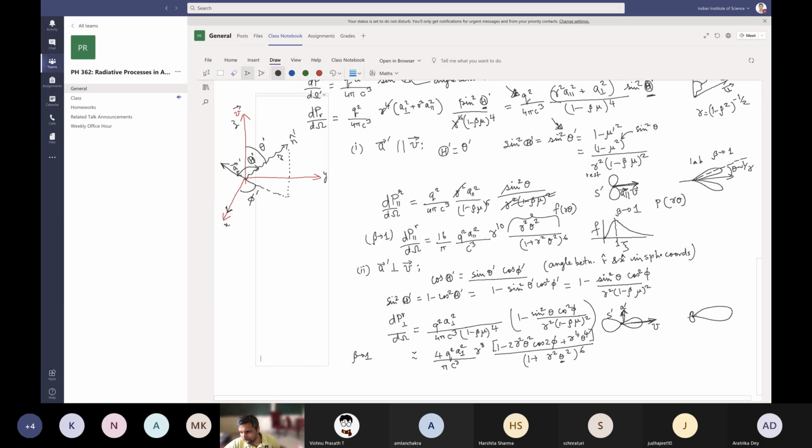Again, there is emission at an angle of order 1 over gamma. But in this case, for theta equal to 0, it's not 0, because acceleration is actually perpendicular to the direction of velocity.